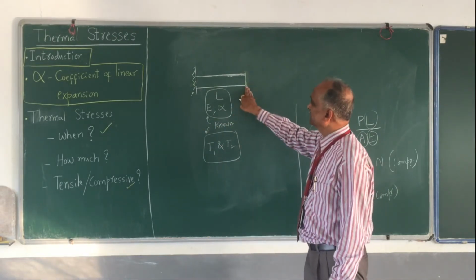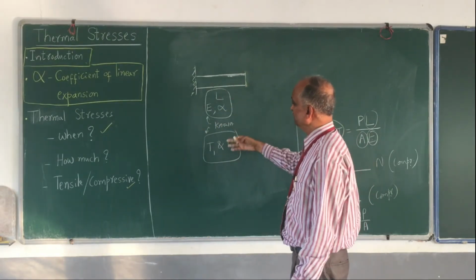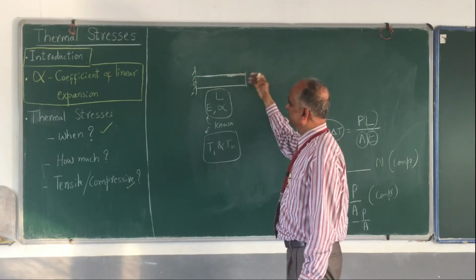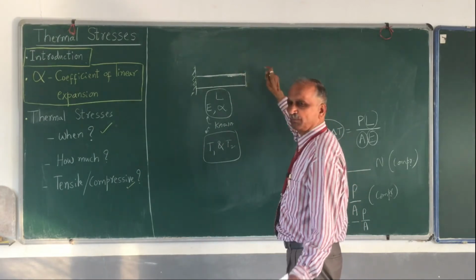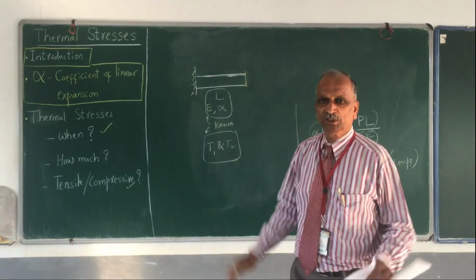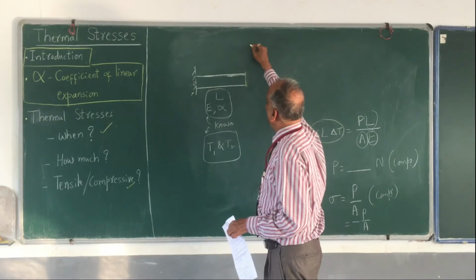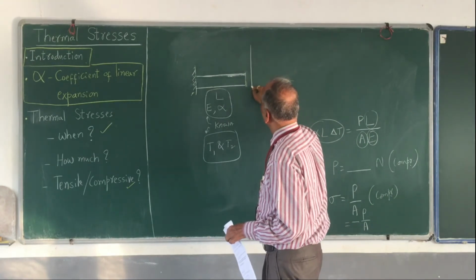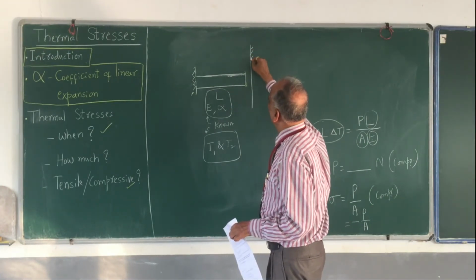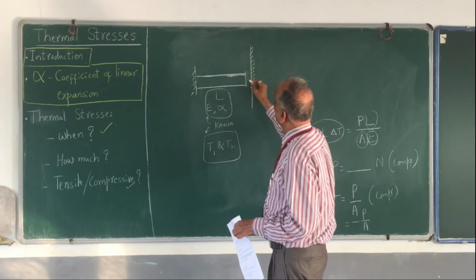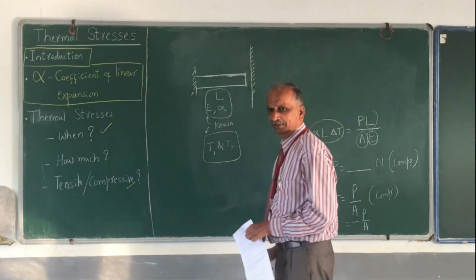If the member is like this, then even if the temperature increases, it is allowed to undergo free expansion, and therefore there is no question of stresses induced. But I have a wall here. The wall is not at the end of this bar.